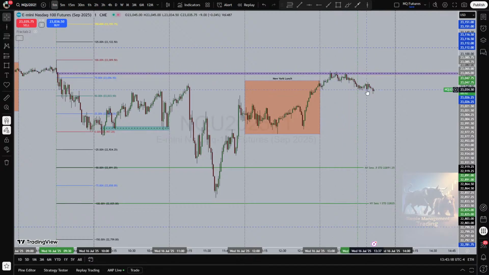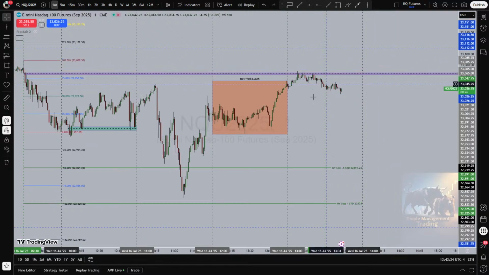Why am I saying this? Launch high, launch low. There's liquidity above it, plus the first percentage for value gap. And like I told you at the beginning, if you study this, look at all the first percentage for value gaps.